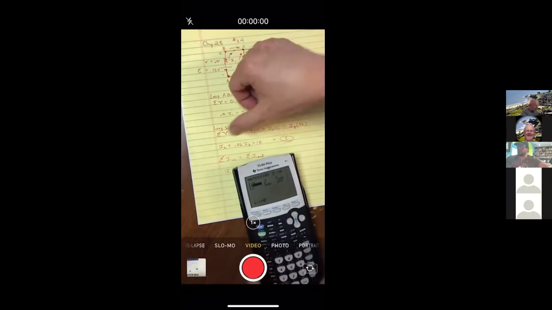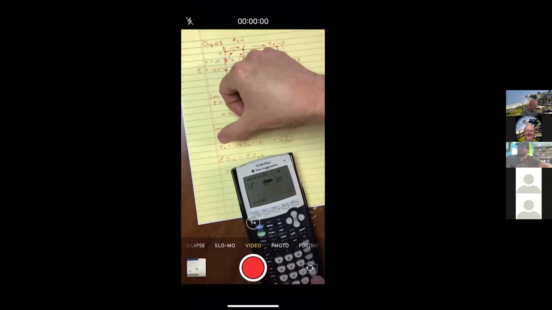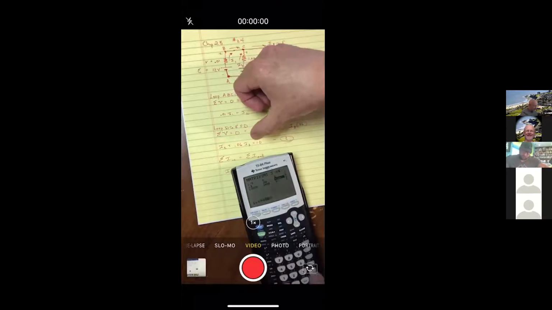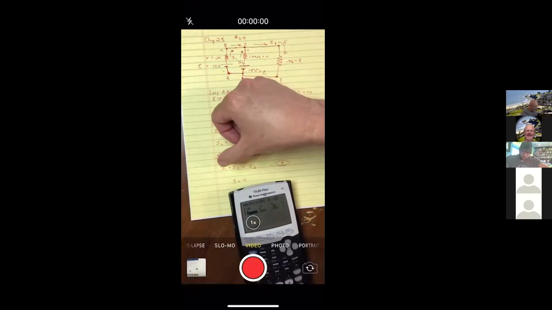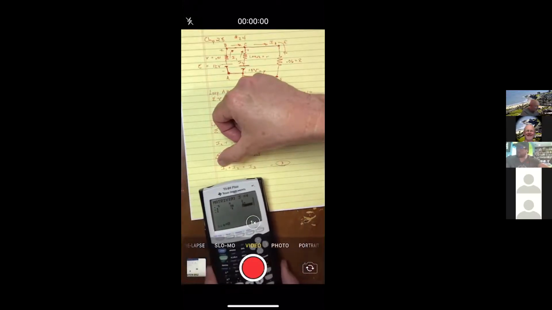My next equation would be 0 for current number 1, 1 for current number 2, 0.06 for current number 3, and that has to equal 10. And then this last one would be a 1 and a 1 and a -1, and then a 0.